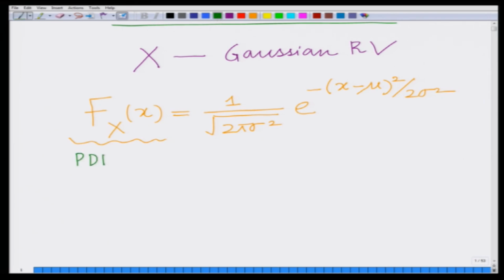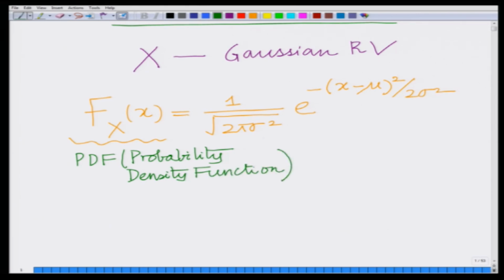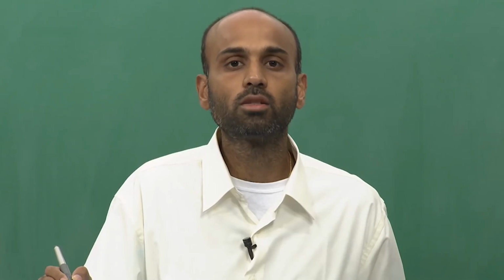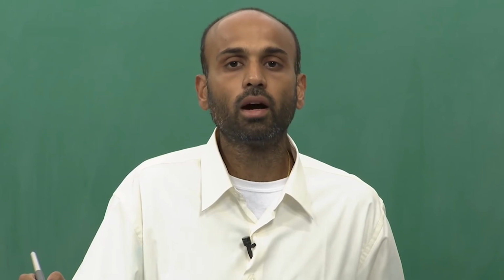So this is the PDF, the probability density function for the Gaussian random variable, which is f(x) equals 1 over square root of 2 pi sigma square e raised to minus (x minus mu) whole square divided by 2 sigma square.